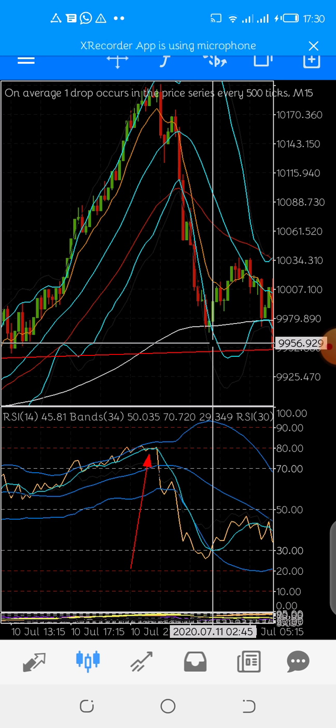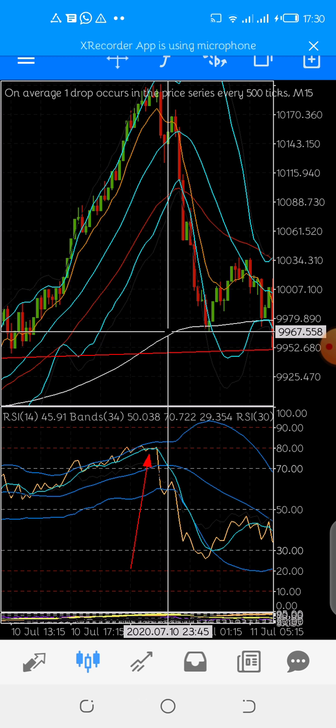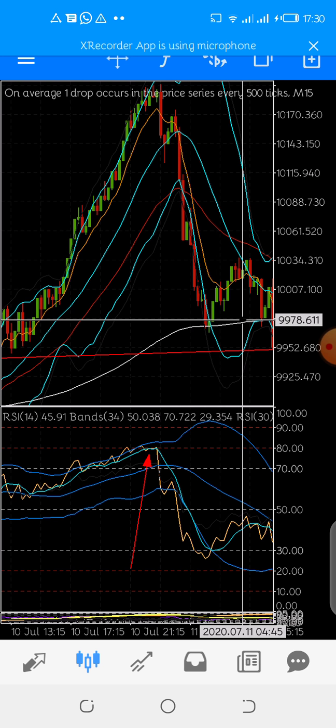So for boom and crash, number one, it respects support and resistance very much. The moment you know your price action, you can do very well with boom and crash. Secondly, apart from support and resistance, it also respects reversal points or reversal zones. So using things like TDI, it will respect. Using things like Bollinger Bands, it will respect so much.